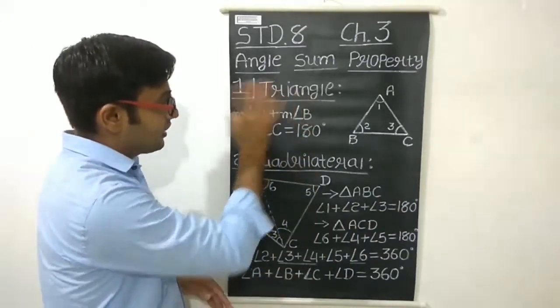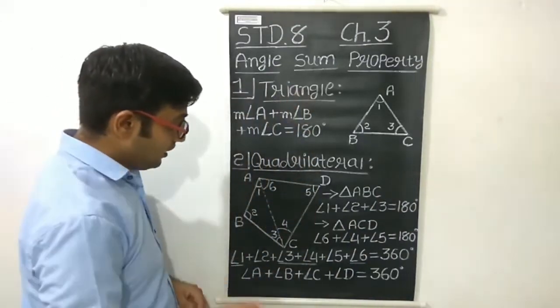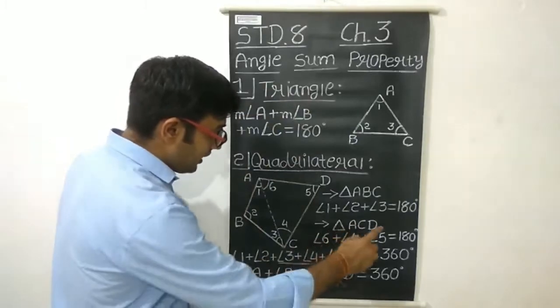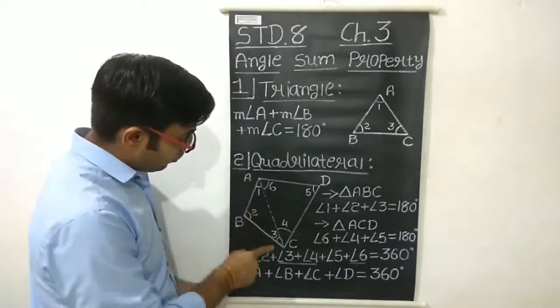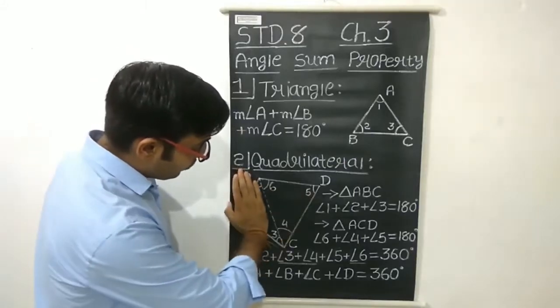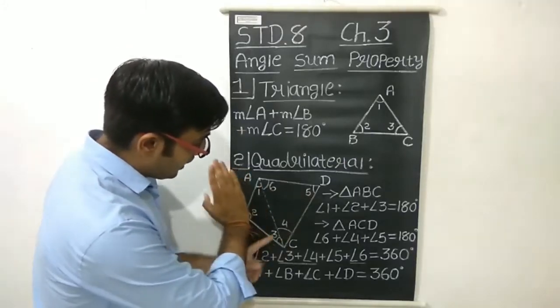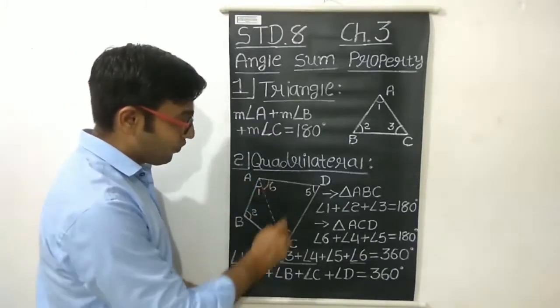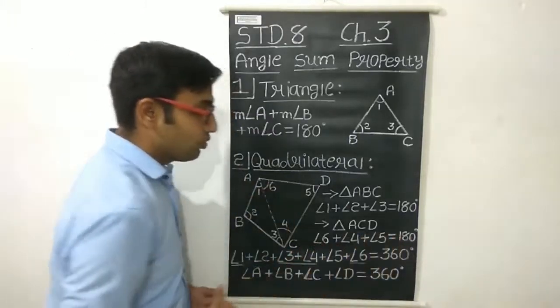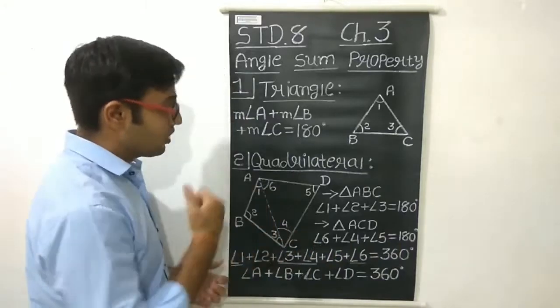Why? Because of the angle sum property. Again, the second triangle is triangle ACD. We have to consider only ACD, so we can take 6, 4 and 5. The addition of angles 6, 4 and 5 is also equal to 180 degrees because it is also a triangle.